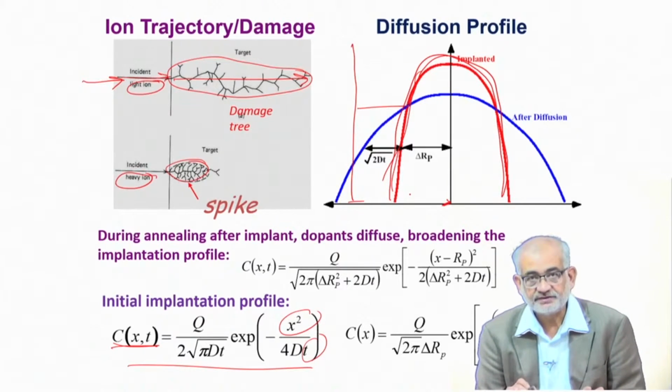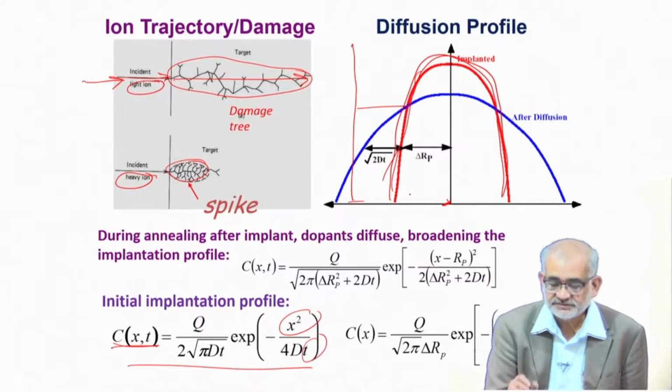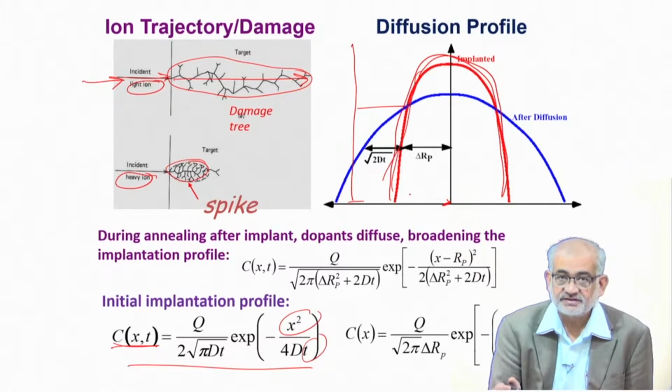So all put together will change the conductivity and many other properties, including mechanical properties, and make the surface or the subsurface region fairly metastable. So during use, properties may change.